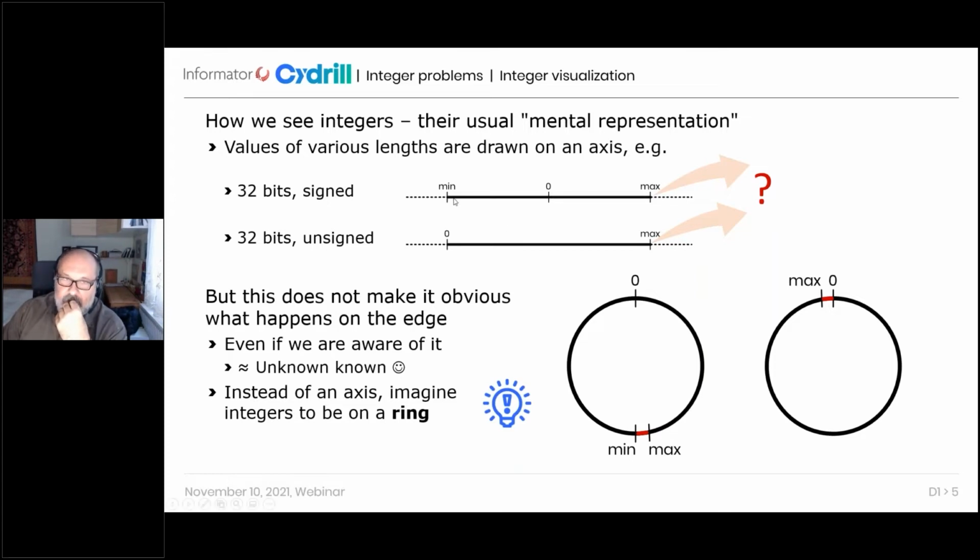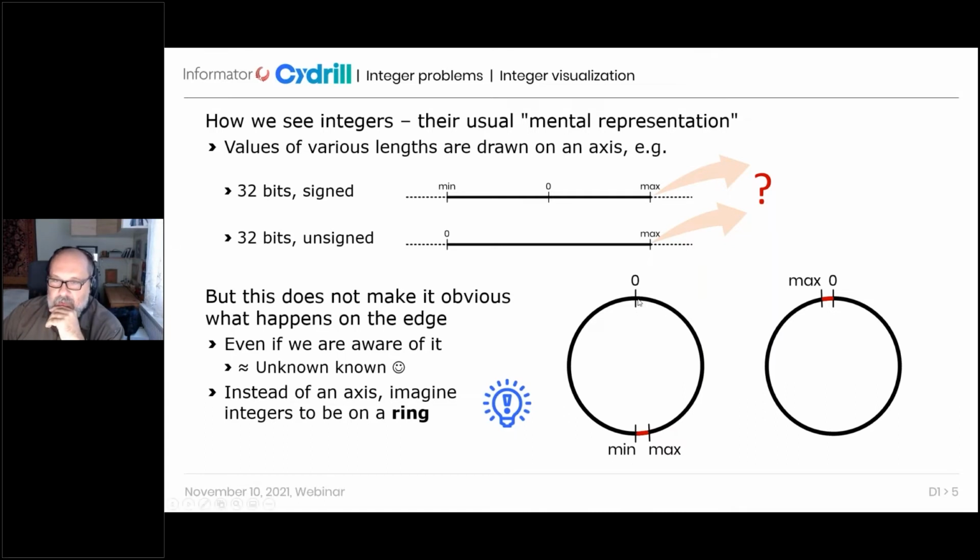So instead of having something like this, just bend this together, take the two ends and bend the axis, and basically have a ring instead in your mind. Why does this help? Because on the ring, it is pretty much obvious that the wraparound will happen and how it will happen, and that will make it harder to forget about the fact that you need to take this into account.